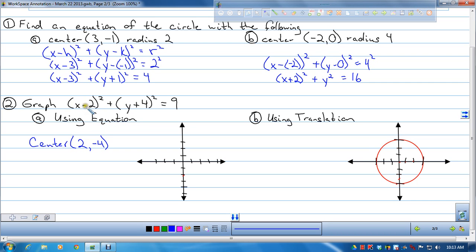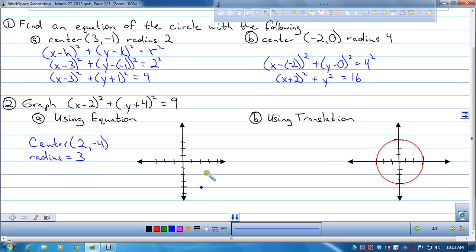So it's x minus whatever the x value is. It's y minus whatever the y value is. So it's always the opposite of what you see. And the radius is 3. So I would go plot the center at (2, -4), 2, 1, 2, 3, 1, 2, about right there.